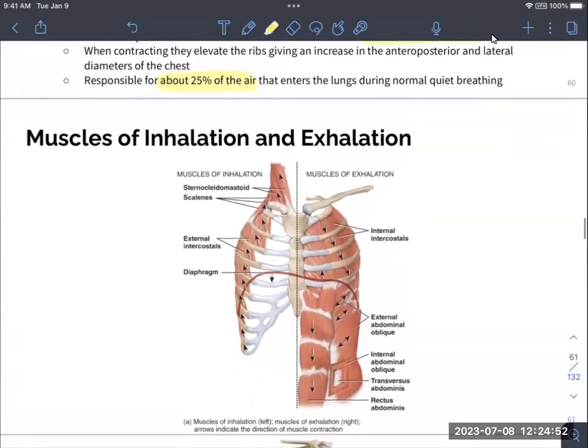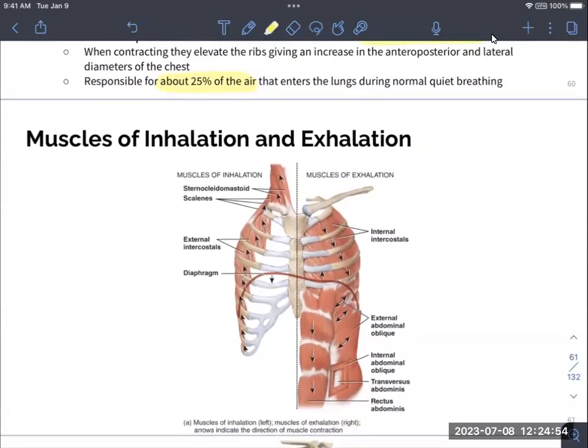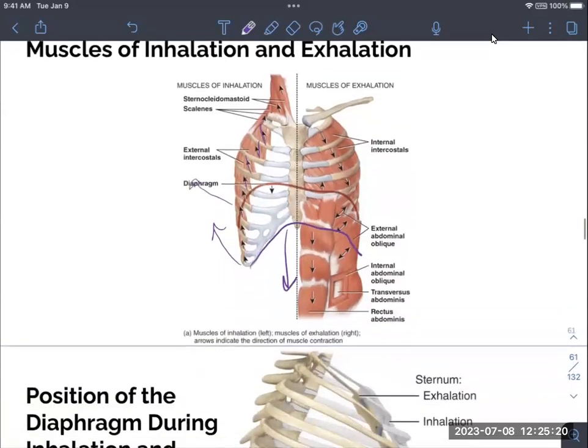So these different intercostals, the external intercostals, if you look at the direction, they're all facing and going in this backwards angle. So they're going to lift the rib cage out this direction. Expand out while this diaphragm that comes through here will push down whenever we take a breath.